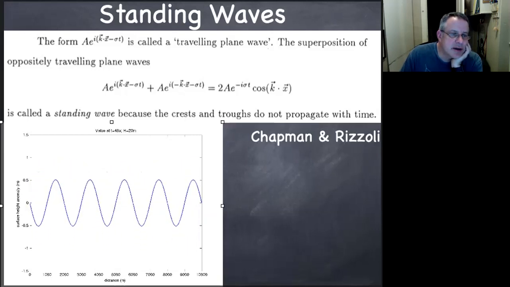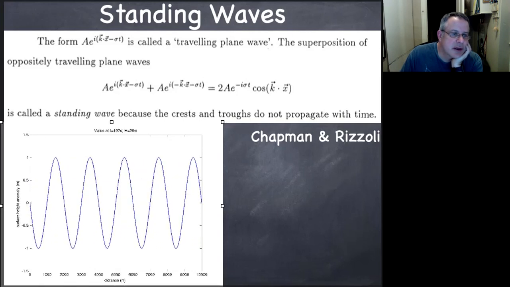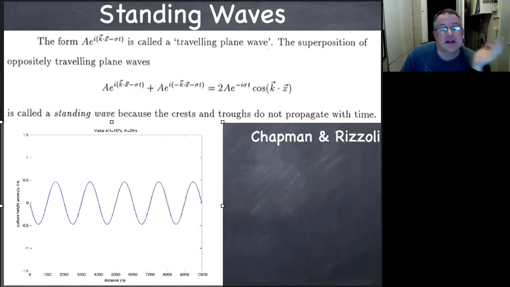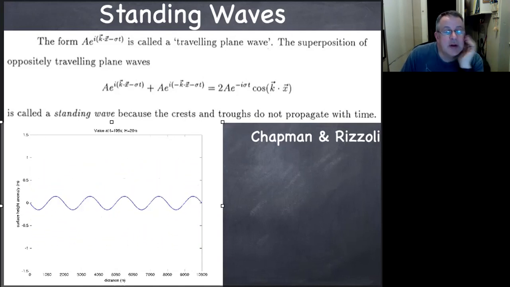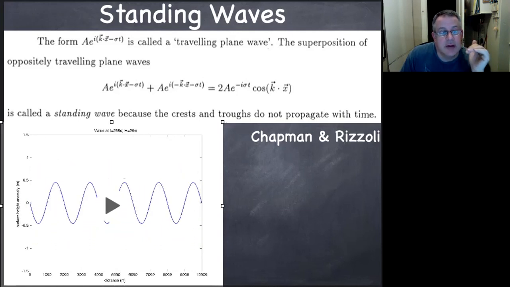So we see the crest is becoming a trough, is becoming a crest, is becoming a trough. And this is something that happens all the time in like a kitchen sink or a bathtub. If you oscillate at the right frequency, you'll get these waves that build up in amplitude but don't propagate. And it can be formed from traveling waves that are superimposed on top of each other.